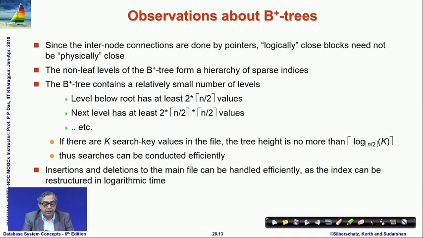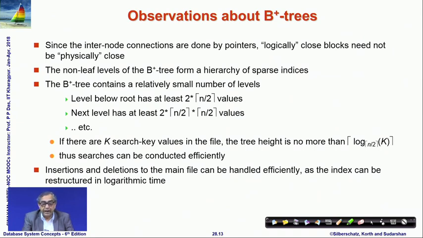So, every level you go down, you are basically increasing by a factor of n/2, which as you all know simply means that the number of levels or the height is log k to the base n/2, where k is the number of search key values that exist in the tree.